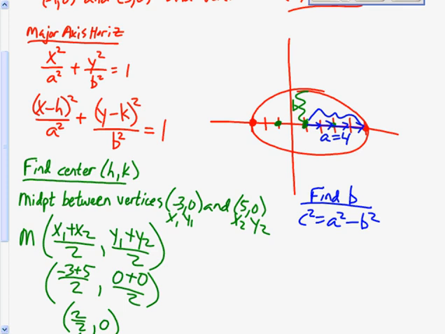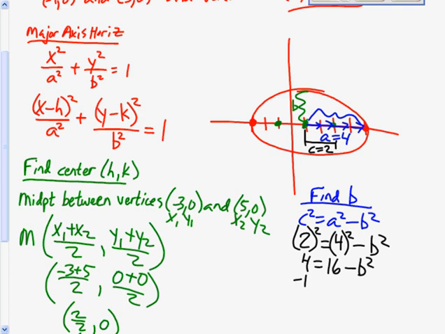Now the question is, what's our c? First of all, c is the distance from our center to our foci. So c is a distance of 2 there. So c is 2. We already talked about a, which was 4. Now we've got to find b. So 4 equals 16 minus b squared.